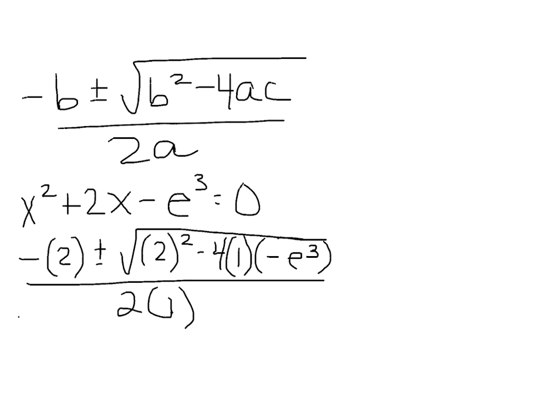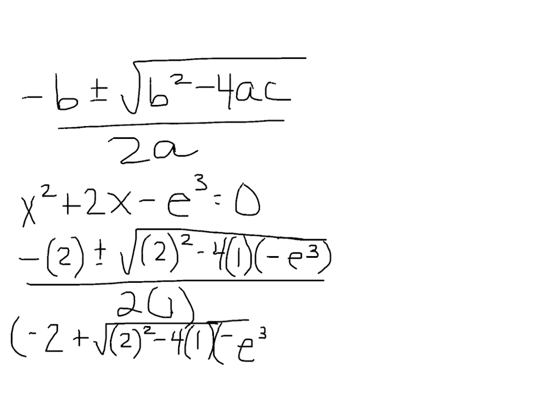I type parentheses, negative 2 plus square root 2 squared minus 4 times 1 times negative e raised to the third. Does anybody remember how you get the e in the calculator?